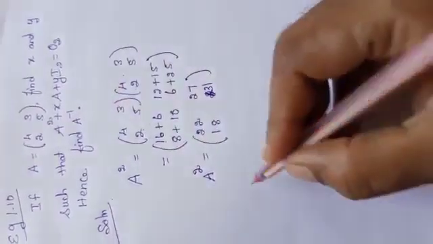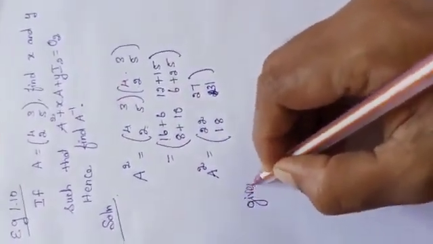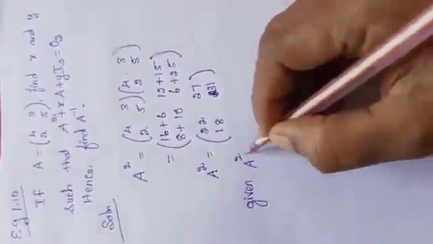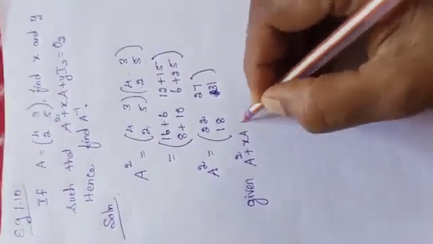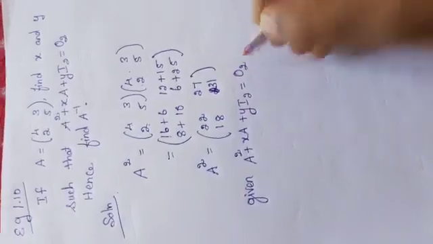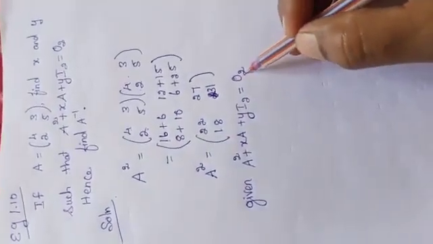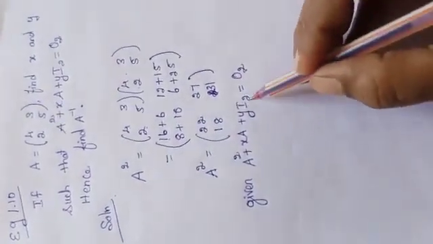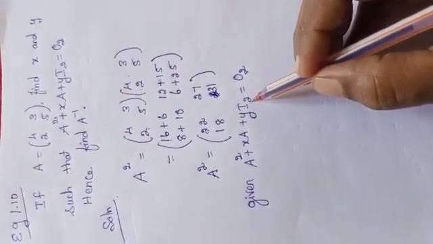Now we will take the given condition. Given A square plus X into A plus Y I2 is equal to 0 2. What is the meaning of 0 2? It is the zero matrix of order 2. I2 is the identity matrix of order 2.